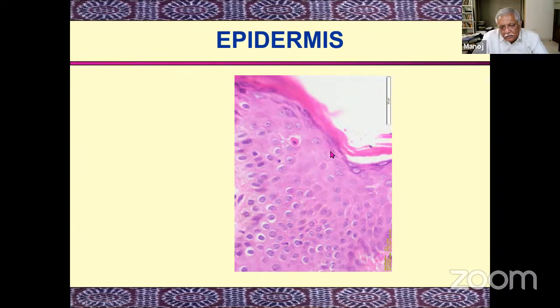Nuclei are less and less prominent. And the topmost layer is where the pink keratin is also associated with the blue keratohyaline granules, which you can actually see in the microscope. So this is the granular layer of the epidermis. And this is the spinous layer.